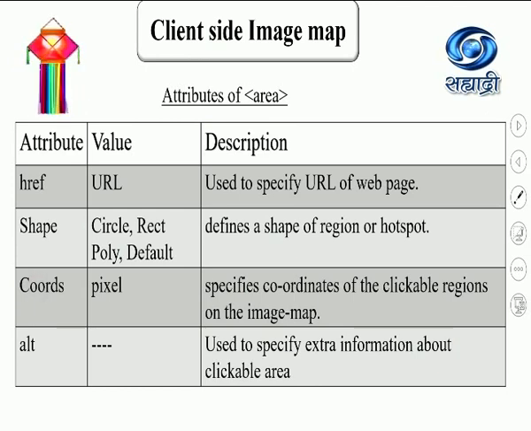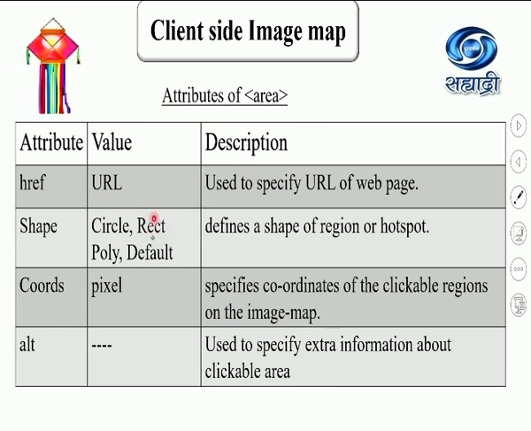If I want to specify what should be opened when you click on a particular region, that can be specified by using the href attribute. The shape of the particular hotspot can be specified by using the values circle, rect, poly and default. Students, do remember these values of the shape attribute for the examination. If I specify circle, obviously the hotspot will be of circle shape.